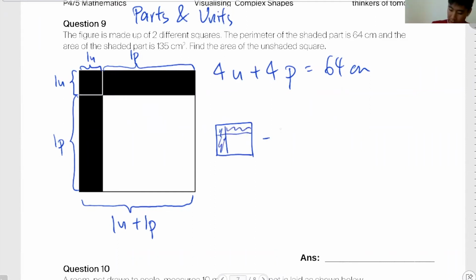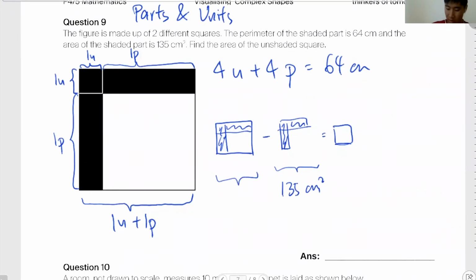I'm going to take this, and then I'm going to minus this, okay, and I'm going to get the unshaded square. Okay, and of course, we know what this is. This is 135 cm squared. So then what we're going to focus now is trying to find this. What is the area of the big square, the very, very big square? Okay, so that's our focus right now.